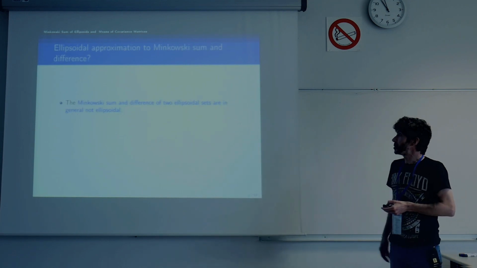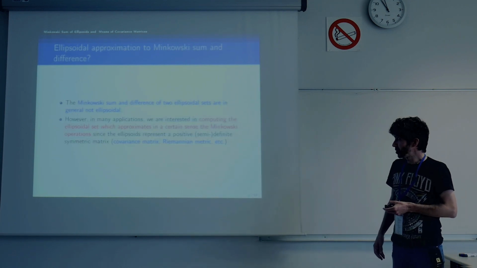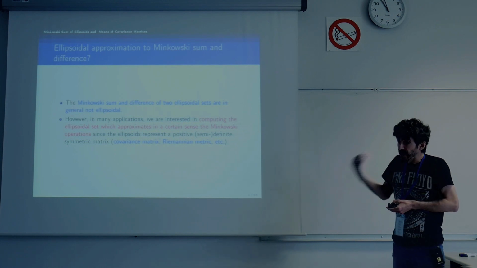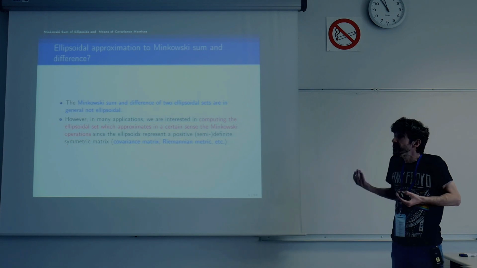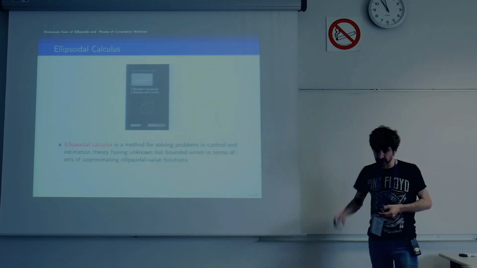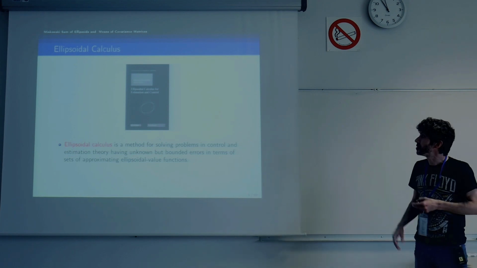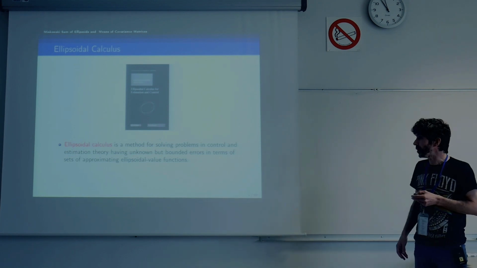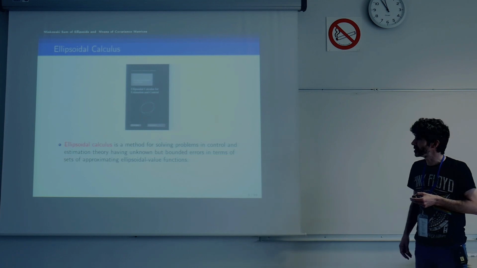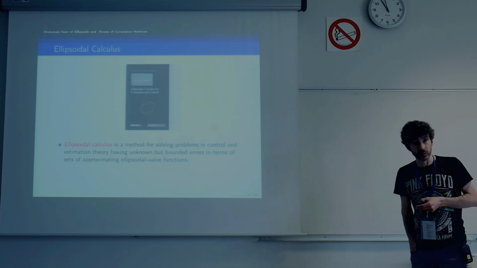So these operations are not ellipsoidal in general, and as I just told you, in many cases we need to have an output which is still an ellipsoid. So I want to use results from a relatively well-known theory in control, the so-called ellipsoidal calculus.